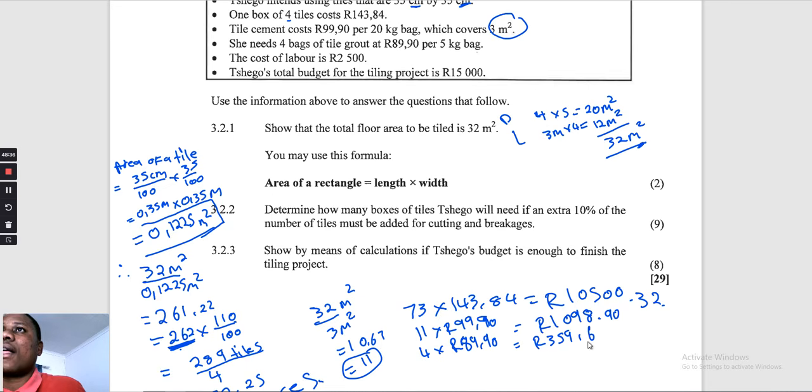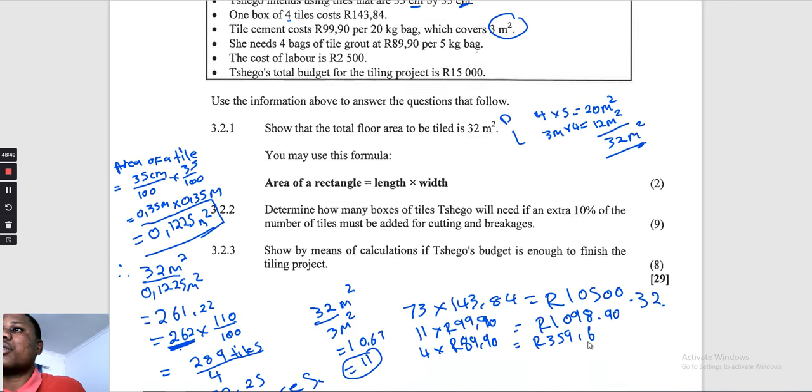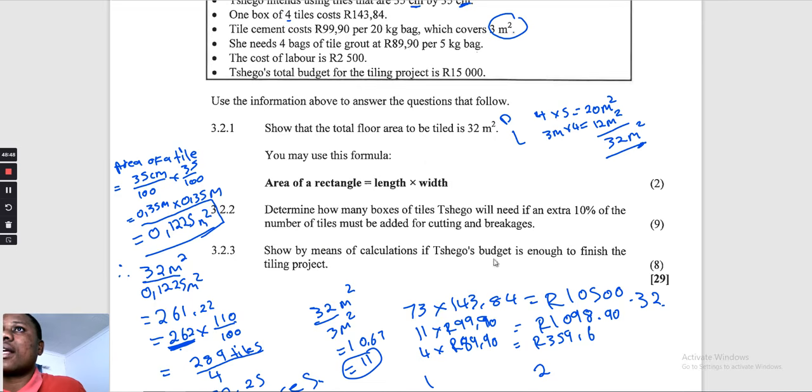Okay, and then she's also going to spend on labor of 2,500. This is the labor of 2,500.